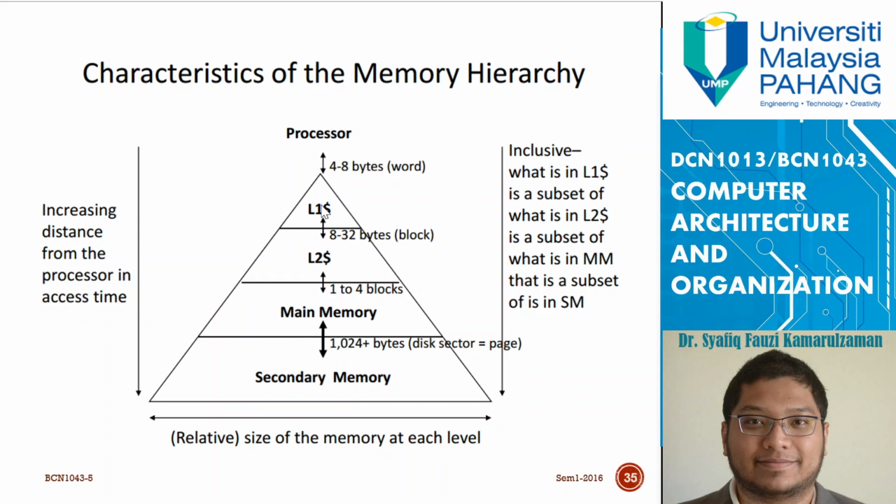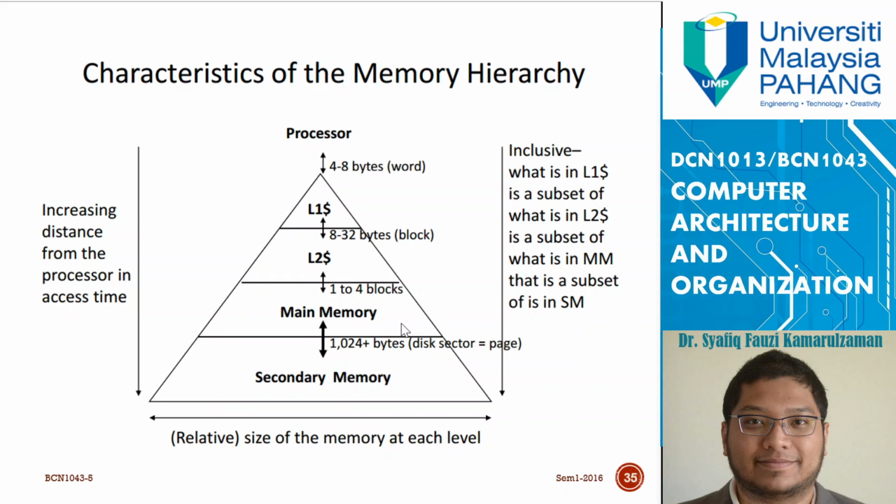Cache memory is usually in level 2, between the CPU and the main memory. If you look at this figure here, this is how many bytes they are storing. Usually in the processor, they have 4 to 8 bytes. In the level 1 cache, 8 to 32 bytes. Level 2 cache, 1 to 4 blocks. 8 to 32 bytes is usually one block; 32 bytes is actually one block, and they put 1 to 4 blocks.